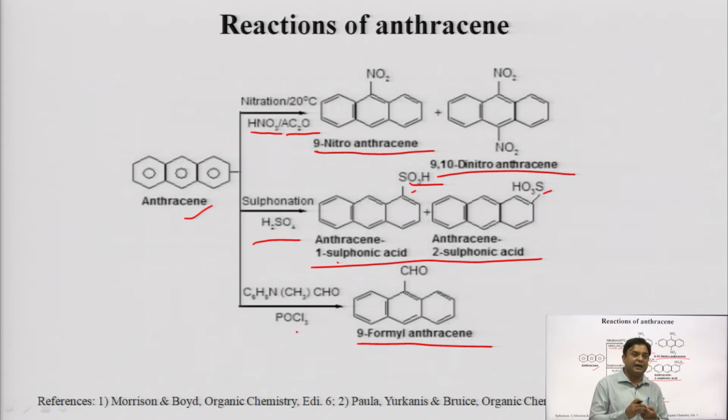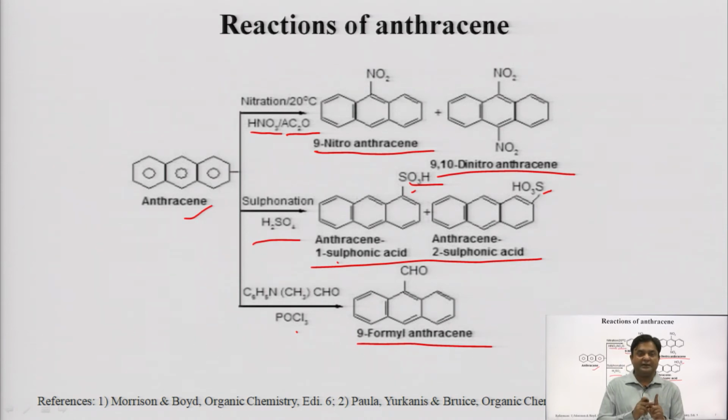In the second step, this electrophile attacks the anthracene molecule. Again delocalization of the electrons occurs, and in this second step a carbocation will be generated because of the attack of the electrophile on the anthracene ring.